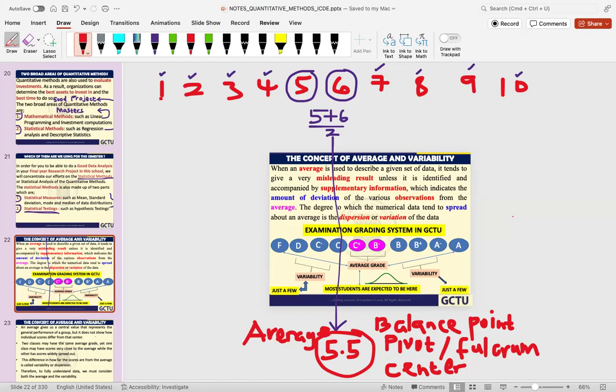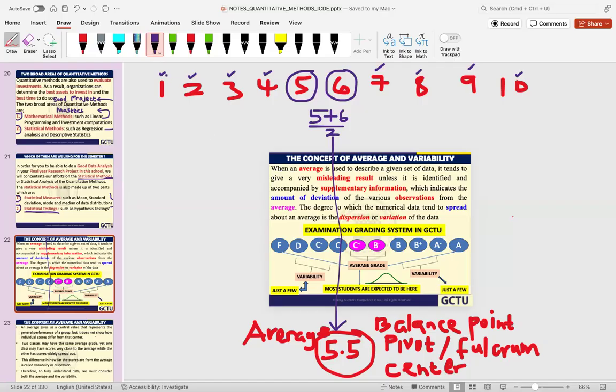So if these numbers were to be money, 1 CD, 2 CDs, 3 CDs, up to 10 CDs, we'll say that the average money is 5.5 CDs. How do we know that the average is 5.5 CDs? There is a proof to show that. This is how you can prove that indeed what you have is the center.